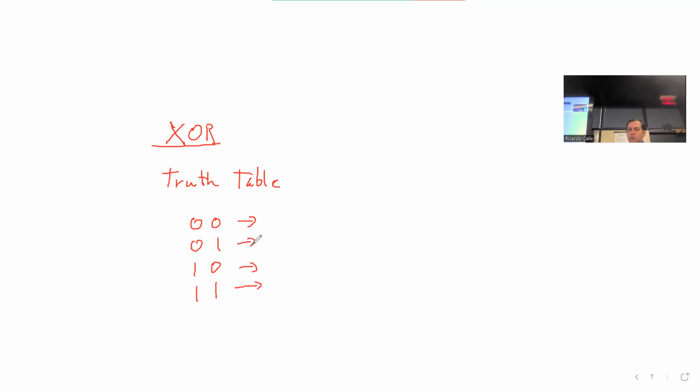But for now, by hand: 0, 0 would give you what, if you XOR those two? 0, yes. What about 0, 1? 1. What about 1, 0? 1. And 1, 1, 0. That's XOR, that's the truth table, and that's what you need to do.